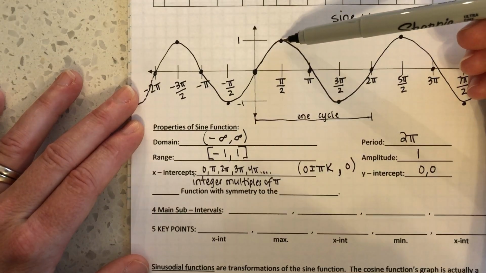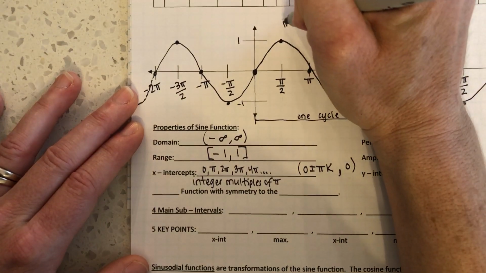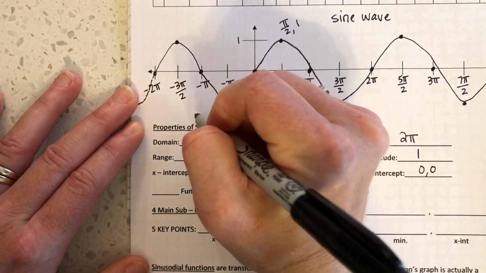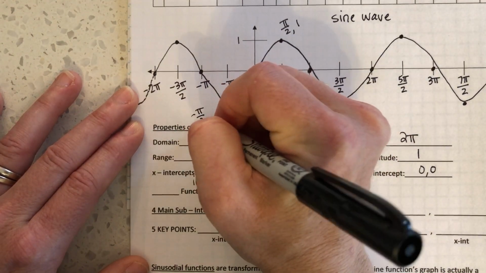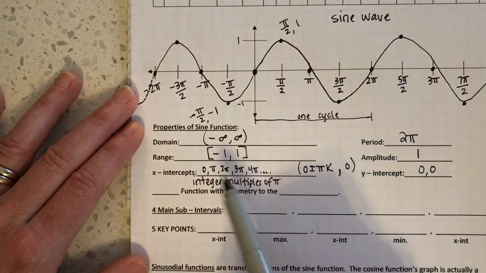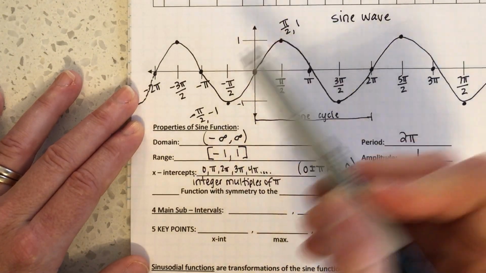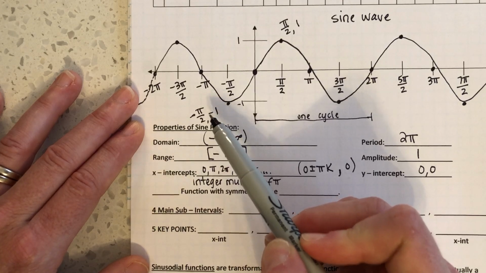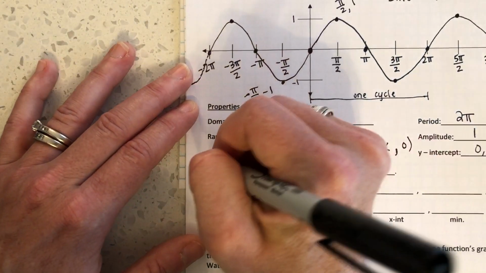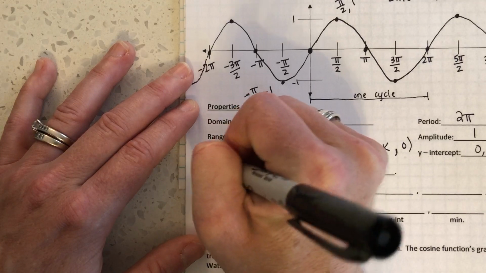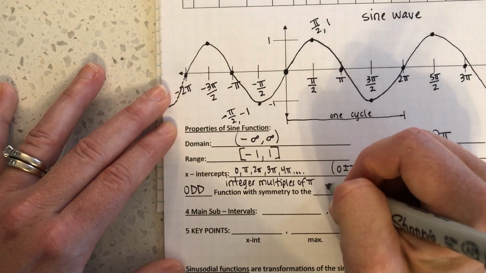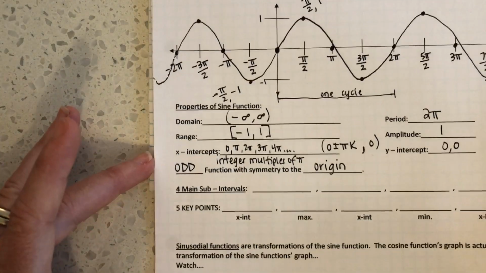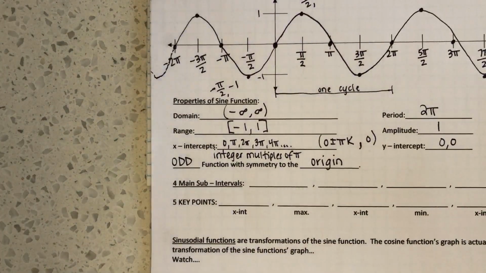Look, the point pi over 2, 1 is on his graph, and the point negative pi over 2, -1 is on his graph. For every x, y, there's an opposite of x and an opposite of y that lives on his graph. That's odd function behavior, all right? So it is an odd function with symmetry to the origin, because by definition, odd functions have symmetry to the origin, all right?